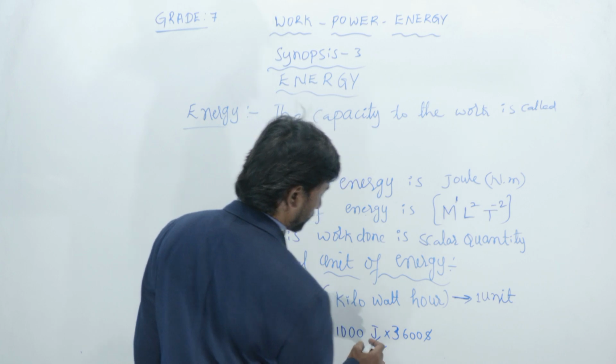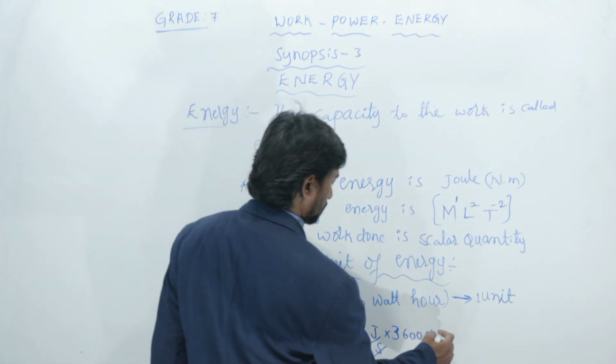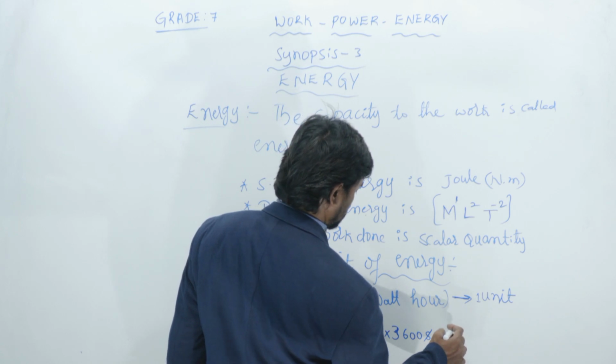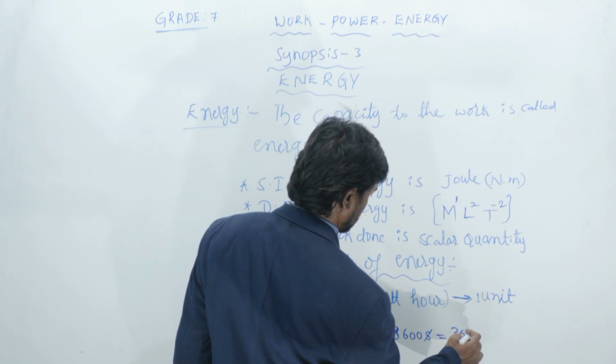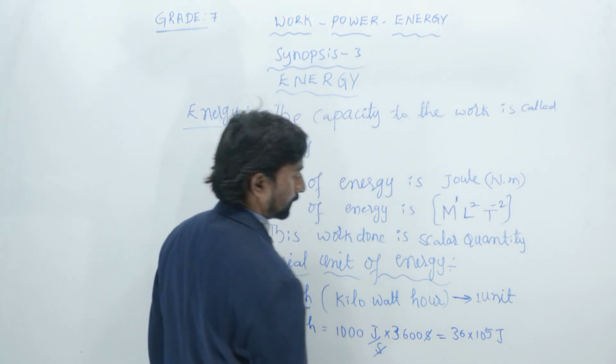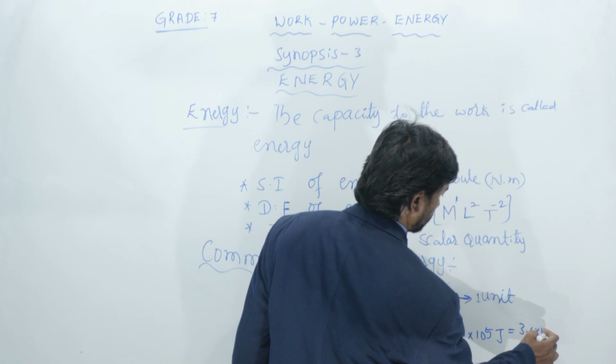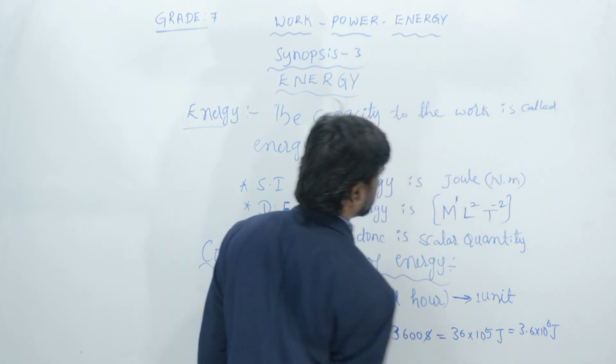Second and second cancel, and the total is converted into joules. So we can write it as 36 into 10 to the power 5 joules, or 3.6 into 10 to the power 6 joules.